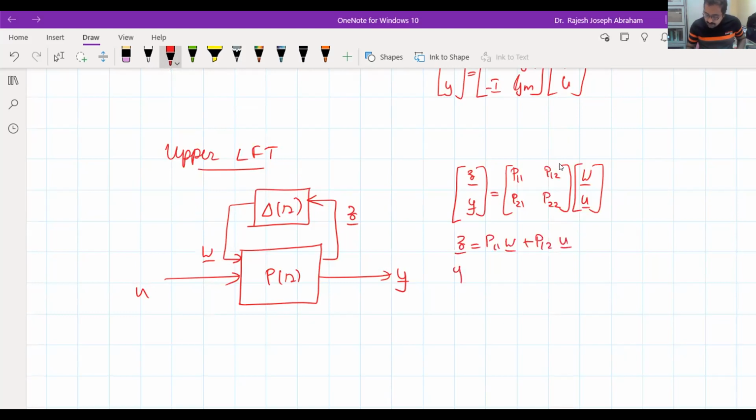Y equals P21W plus P22U. And finally, W equals delta into Z. So what's our aim? Our aim is to find the transformation between Y and U.